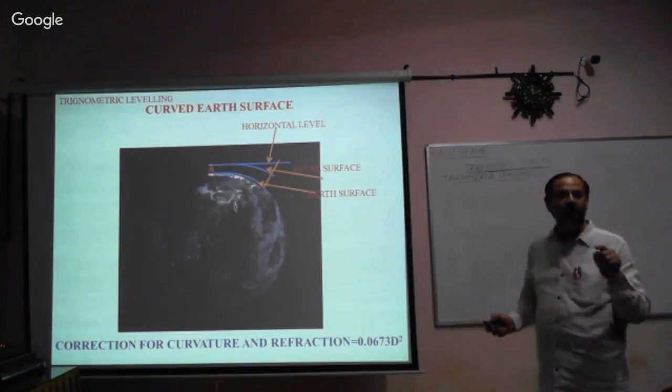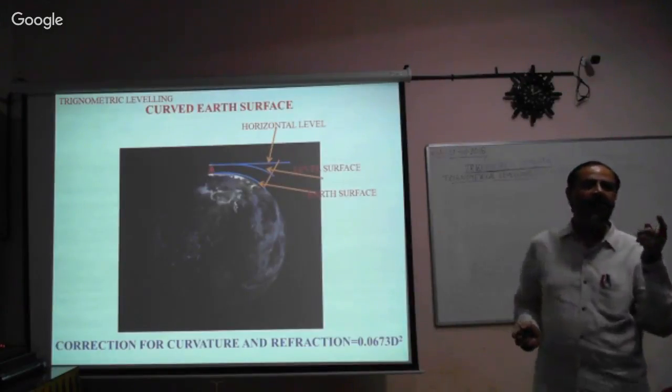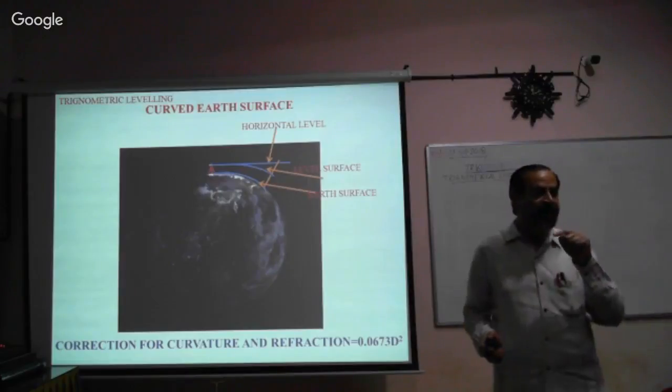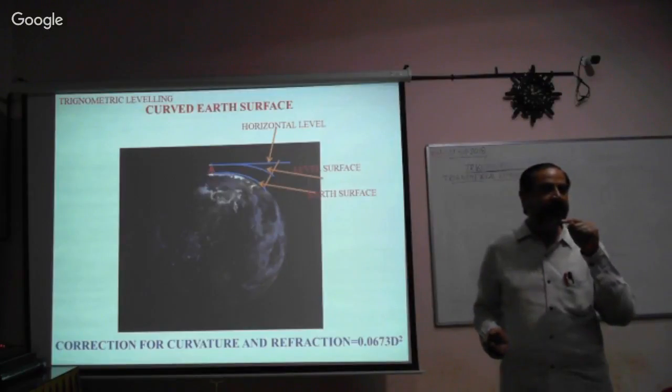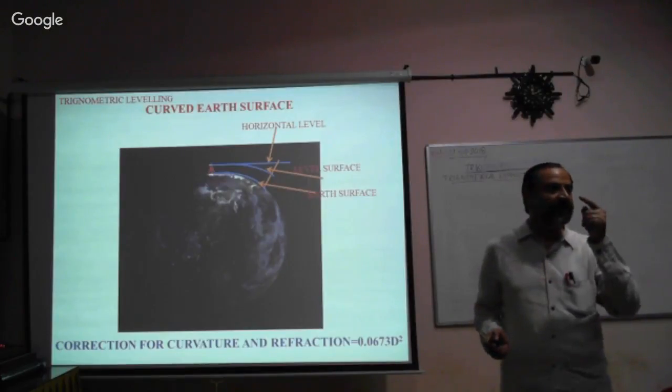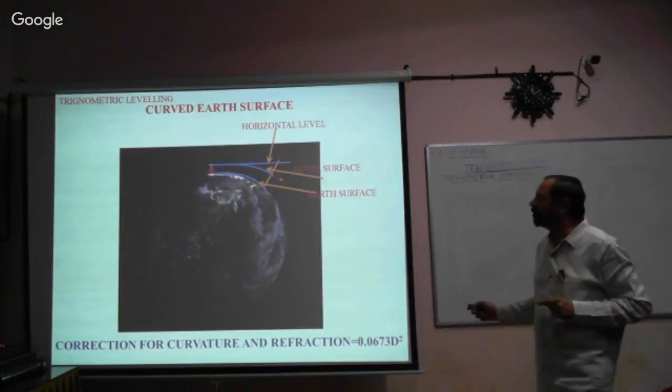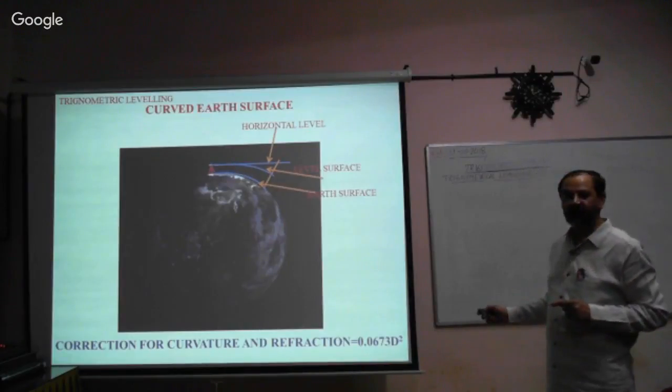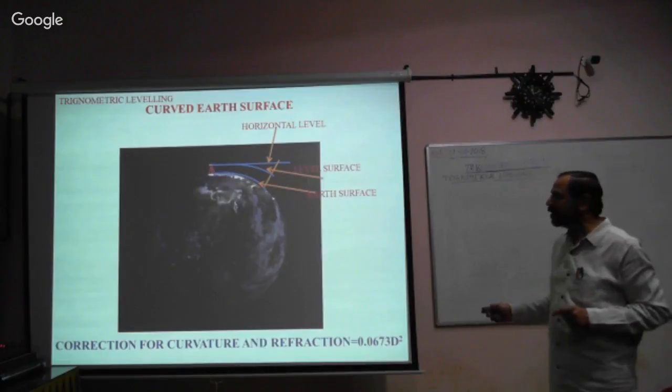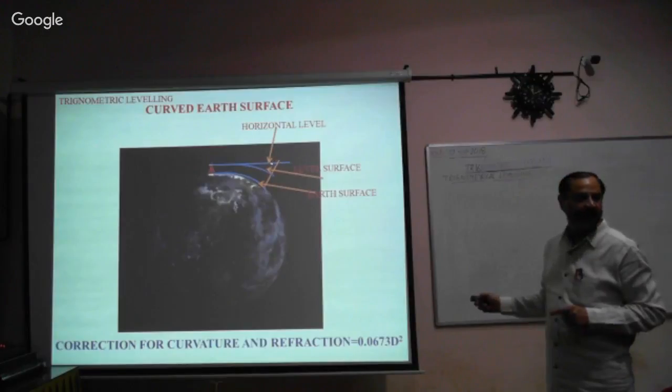Now, what should we do? Our staff reading must be reduced or increased. We want the value with respect to the earth surface, but we are reading with respect to the horizontal line of sight, isn't it?